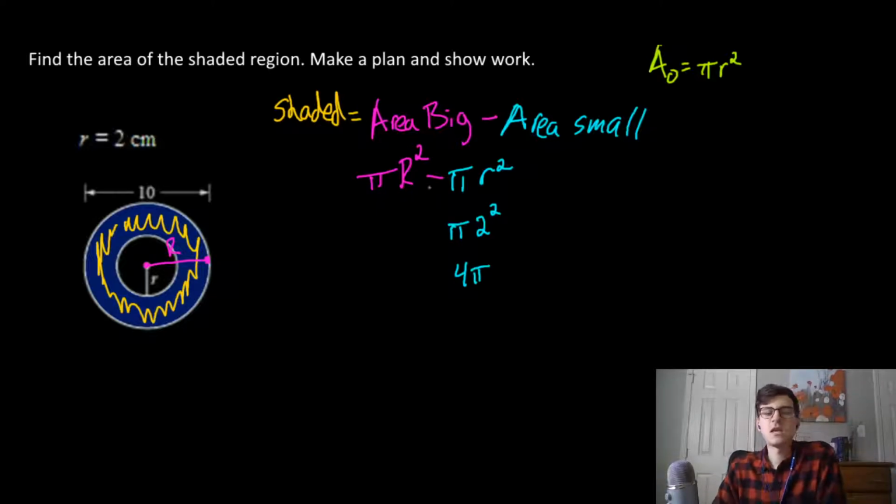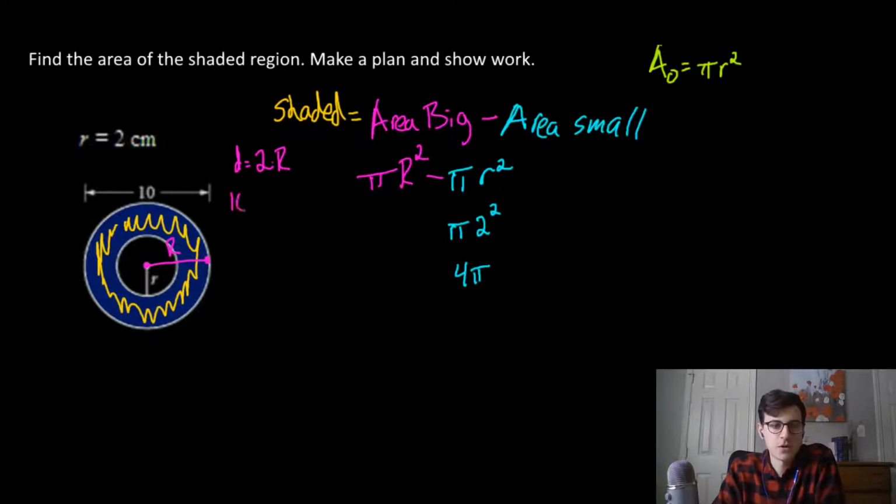So then all I need is big R. Big R is the radius of this big circle, and at the beginning of the problem, we're given the width, or the diameter, of that big circle. Remember that the diameter is equal to twice the radius.